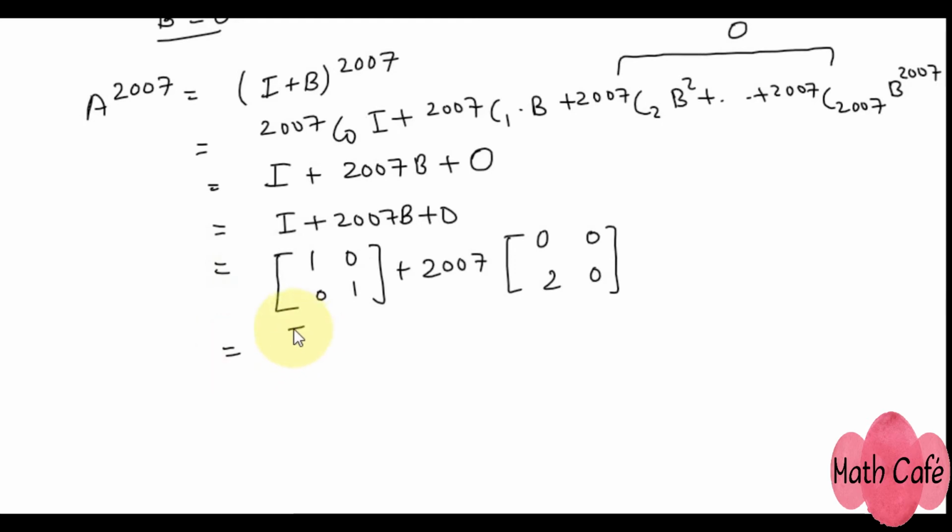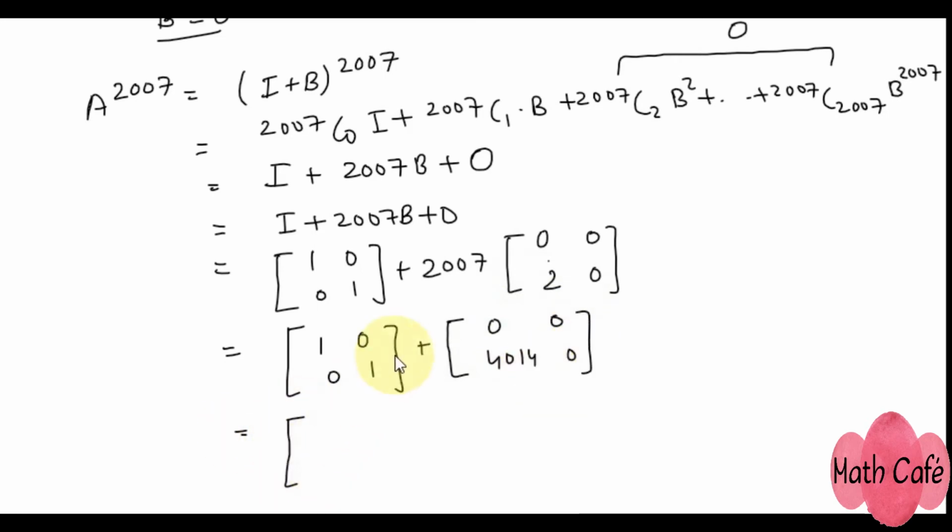Finally, this is as it is, 1 0 0 1, and we can multiply by the scalar quantity, so that 0 0 will become 4014 0. Now we can add both the matrices by summation of corresponding elements. So 1 plus 0 is 1, 0 plus 0 is 0, 0 plus 4014 will be 4014, and 1 plus 0 will be 1. So here A power 2007 will be this matrix.